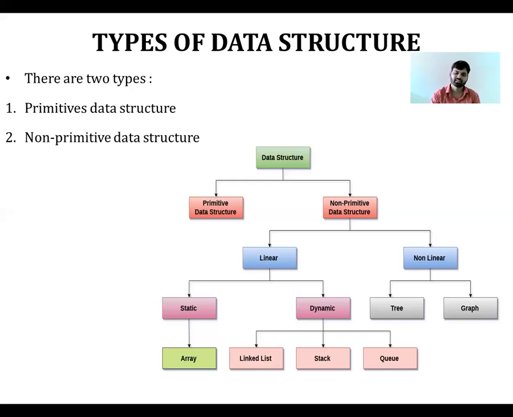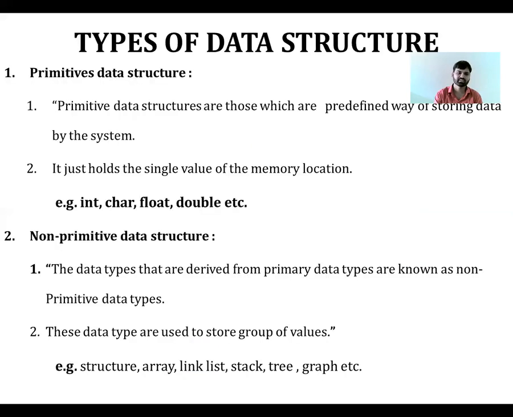Let's start with the definitions one by one. We have already discussed these definitions briefly, but we will also study them in the PPT. What is a primitive data structure? Primitive data structures are those which are defined in the system.